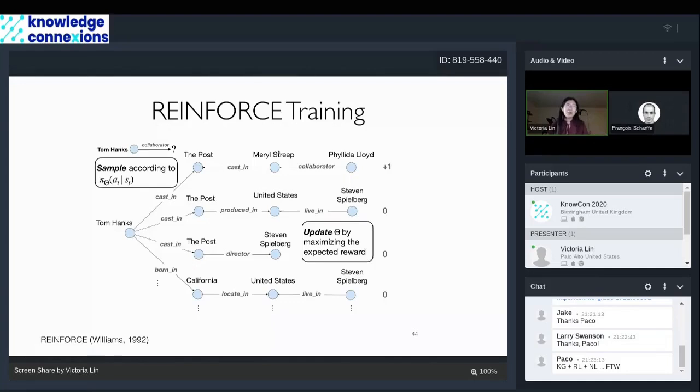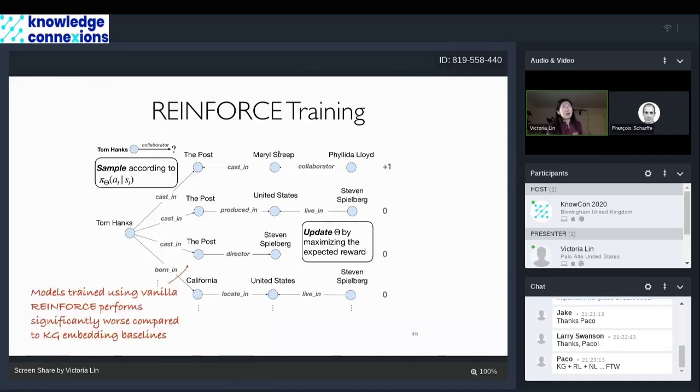And we can perform such a rollout many times during training. If the path rollout hits a target entity, we give it a positive reward. Otherwise, it receives nothing. Through this way, we can update the parameters defining the policy network by maximizing the expected reward. All of this can be carried out using standard REINFORCE training.